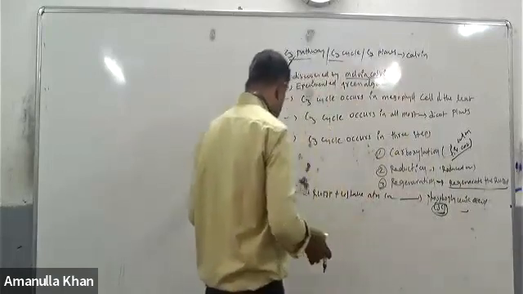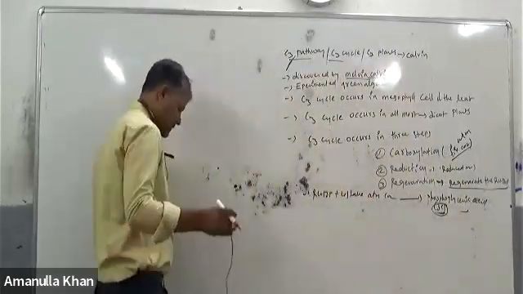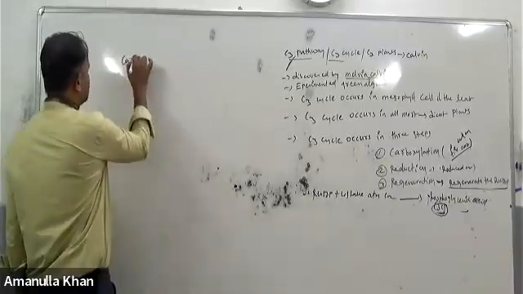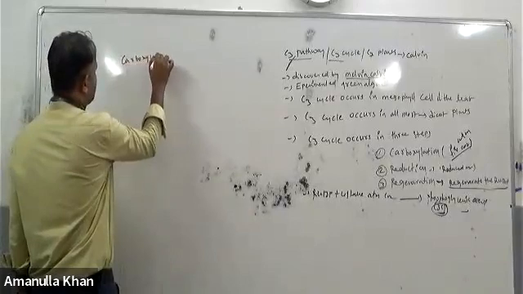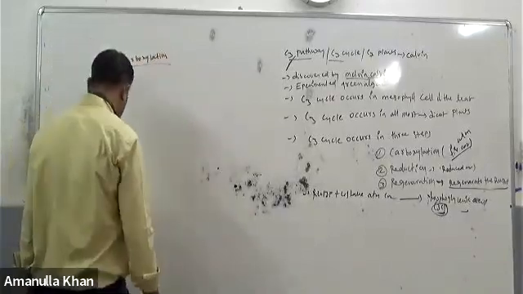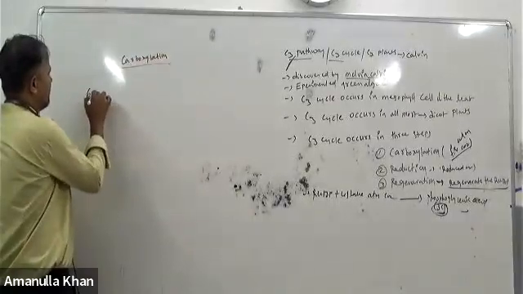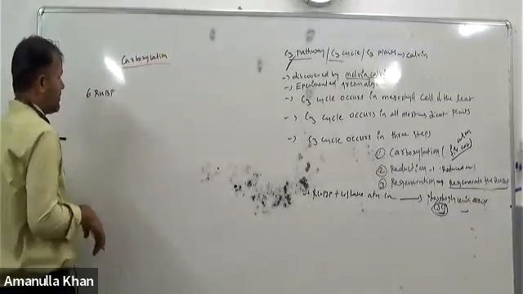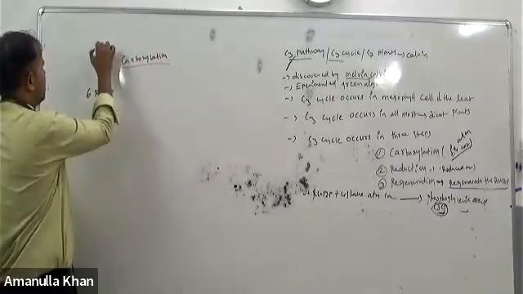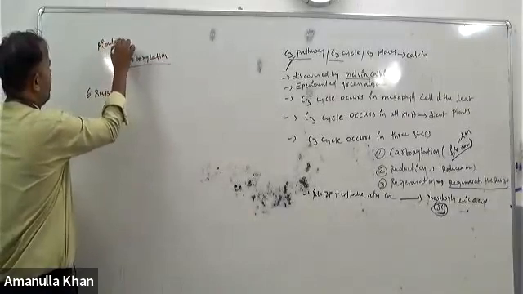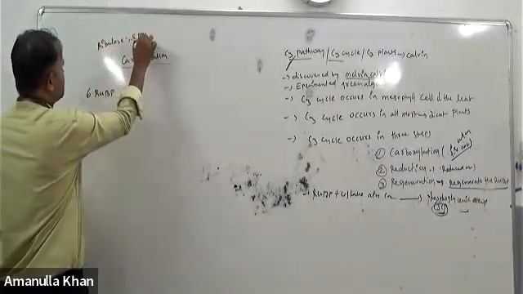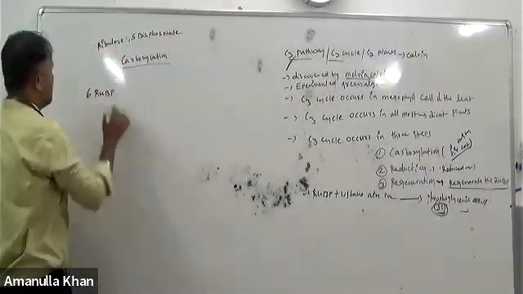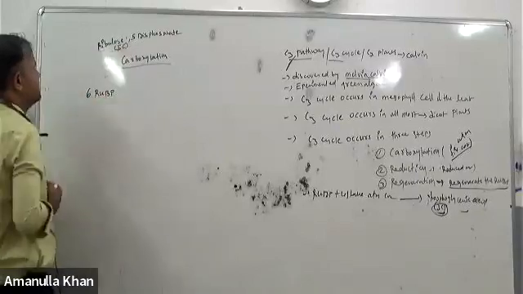Okay. Now first step is carboxylation. In carboxylation, what happened? 6 molecules of RuBP. What is the full form of RuBP? Ribulose 1,5 bisphosphate. Ribulose has how many carbons? It is a 5 carbon compound.